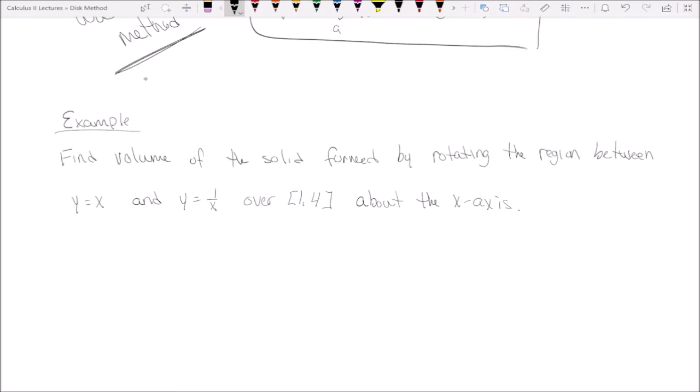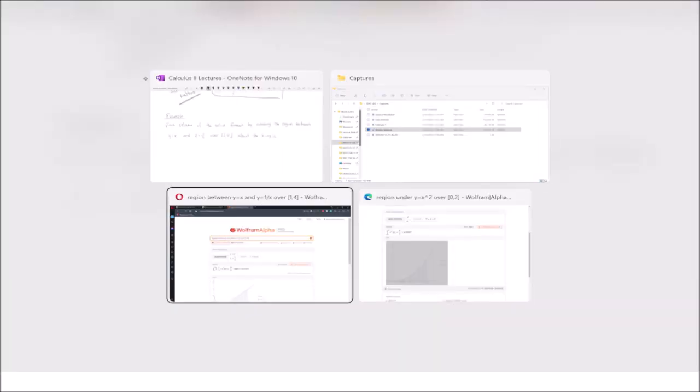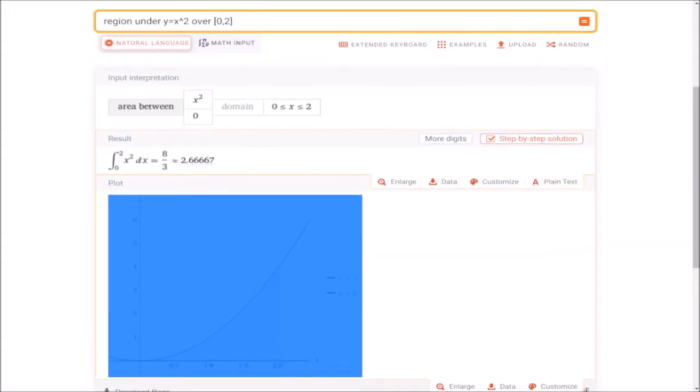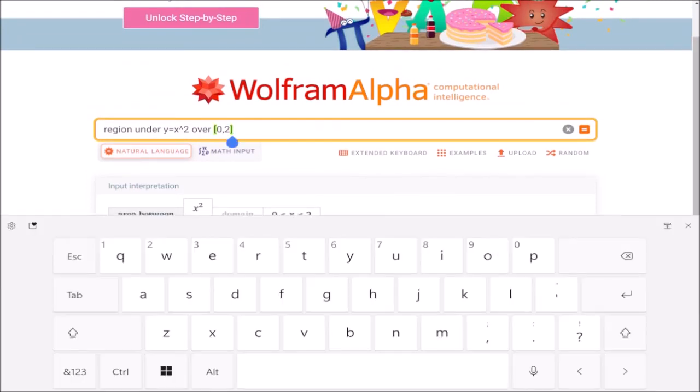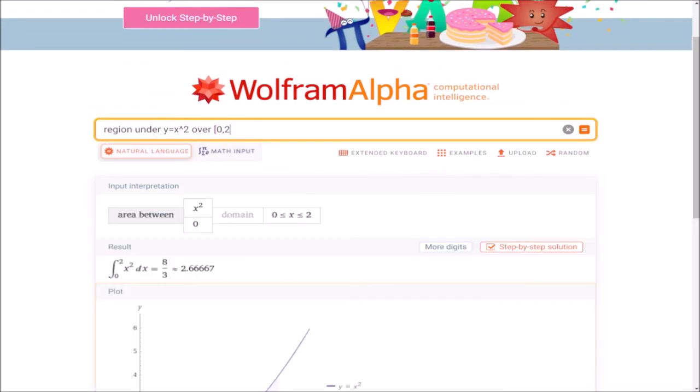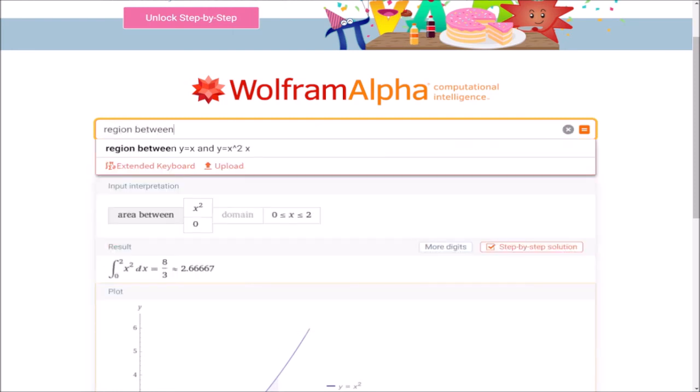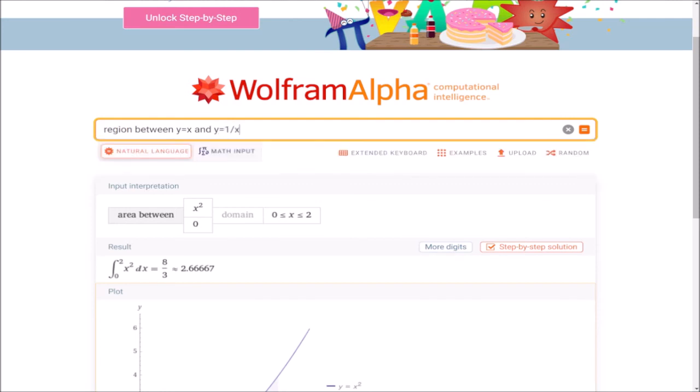Again, typically speaking, pictures help. So we're looking for the region between y equals x and y equals 1 over x over the interval 1 to 4.